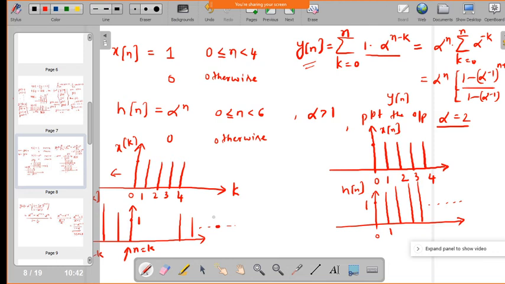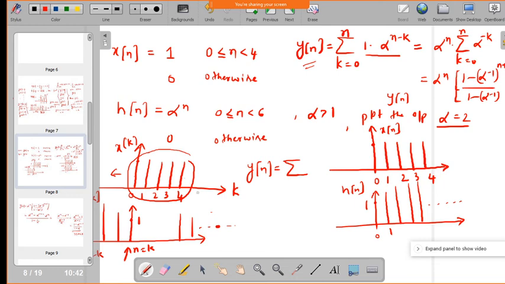So now what will happen when n is greater than or equal to 4? Your y of n will be the summation. Since the samples of x exist only between 0 to 4, that is x of k exists only between 0 to 4.